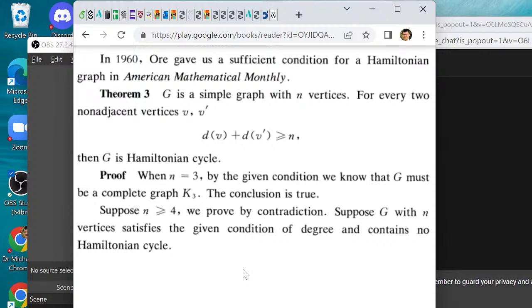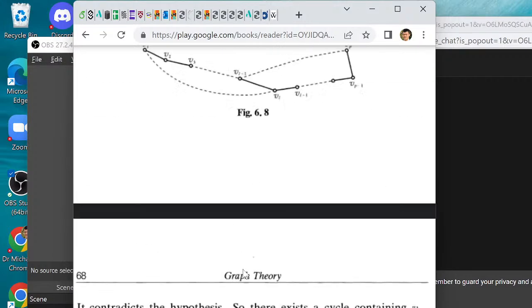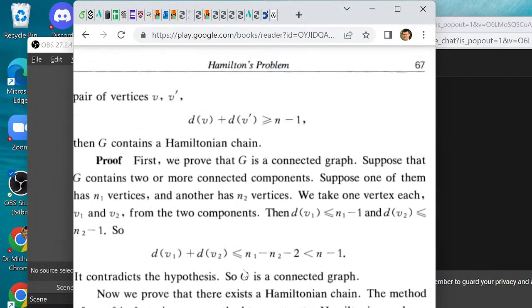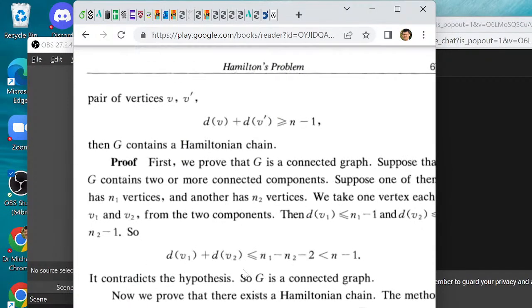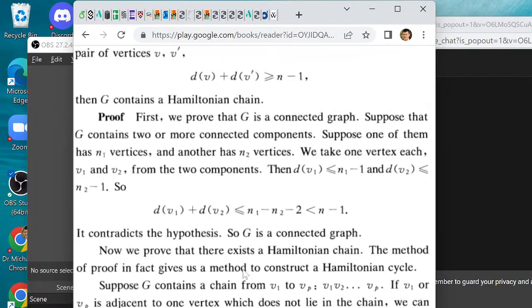That's okay. So if n equals 3, you have to have a triangle, because was the other one for cycle as well? It must have been. Contains a Hamiltonian cycle.